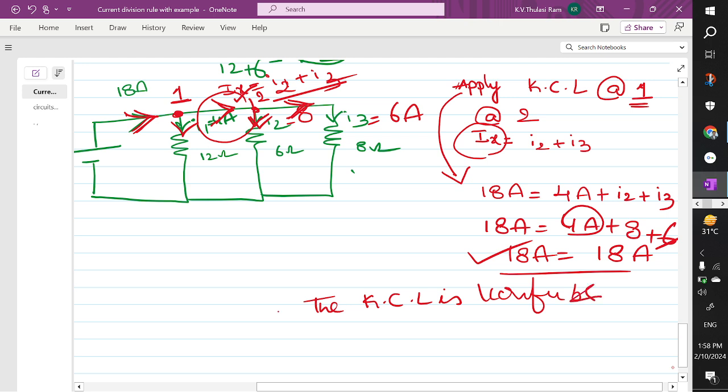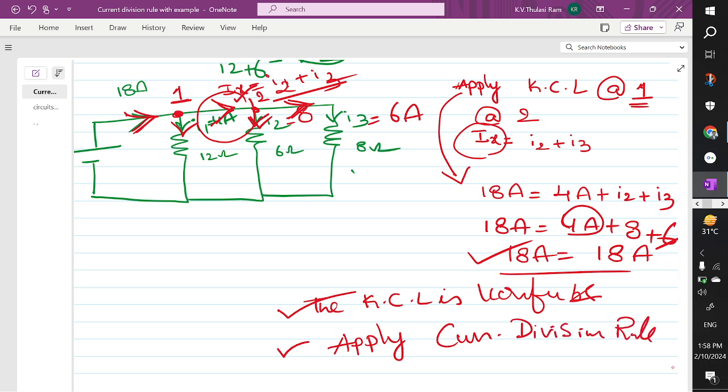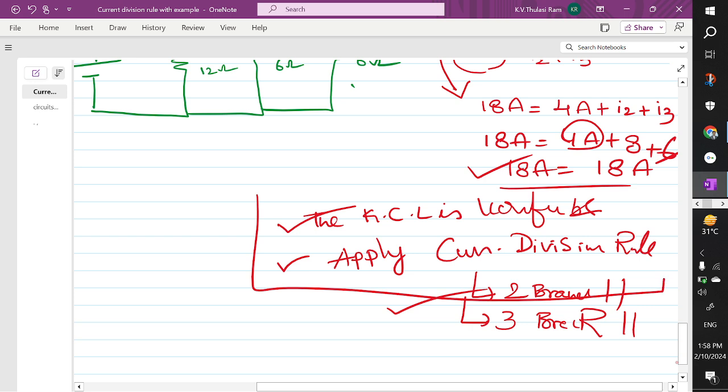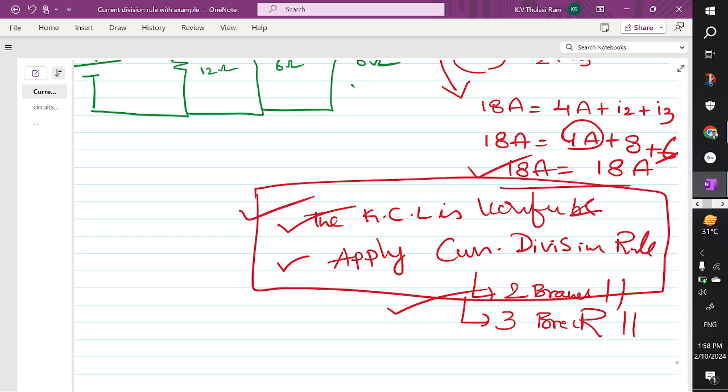Today we have learned Kirchhoff's current law, and how to apply the current division rule for two branches connected in parallel and three branches connected in parallel. This is the target we have learned today: how to verify KCL and how to apply the current division rule.